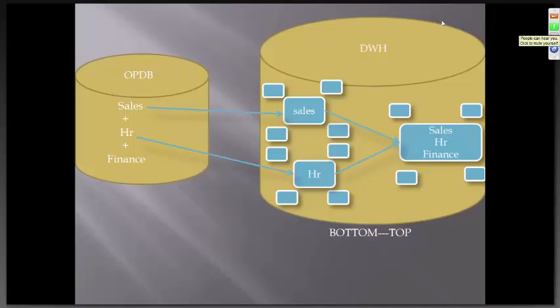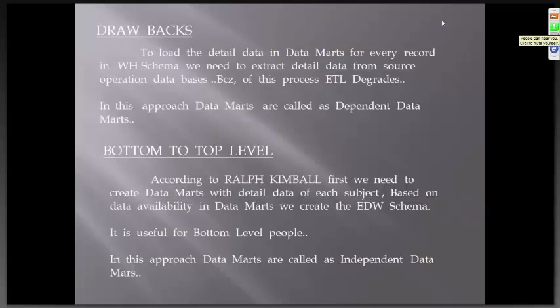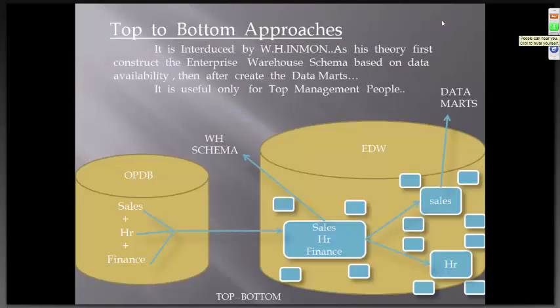After creating the data marts at the data warehouse level, we can combine all of them and store them as a single data warehouse schema in the data warehouse. Both are important for us actually. This is for bottom level management people, and this is for top level management people.